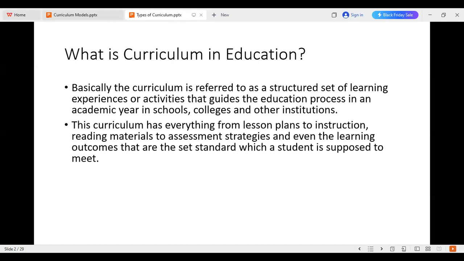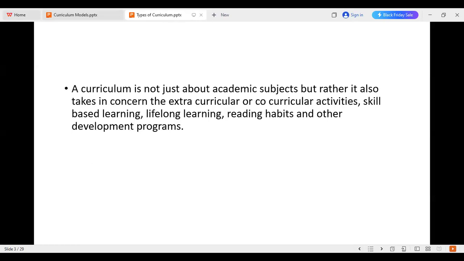Okay, this definition focuses on school level curriculum. Further, curriculum is not just about academic subjects, but also takes extracurricular activities into concern. I purposely added this area because when we study types of curriculum, we may study co-curricular activities, formal curriculum, informal curriculum, non-formal curriculum, the types of curriculum we are going to study today.